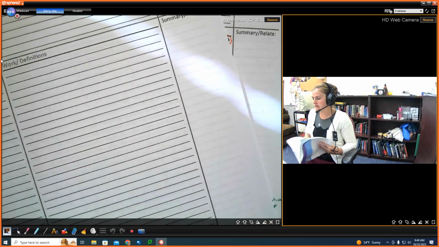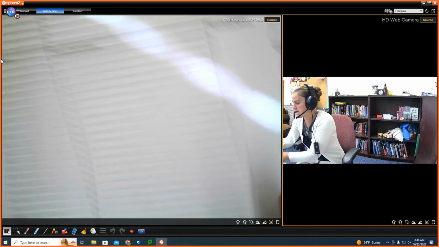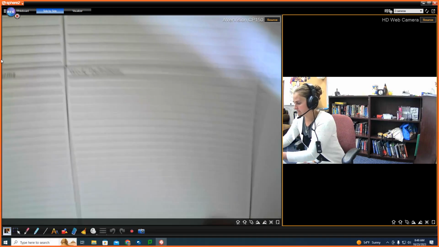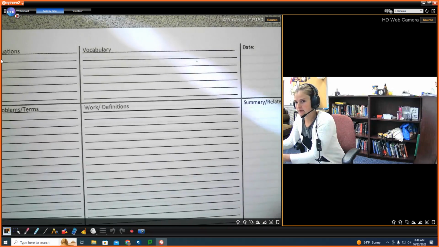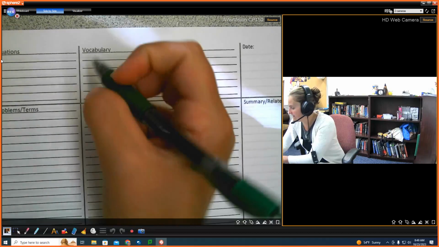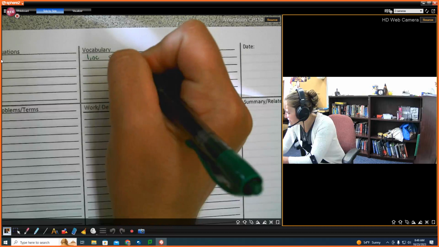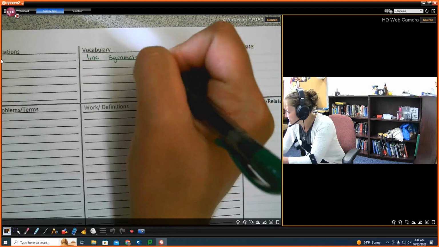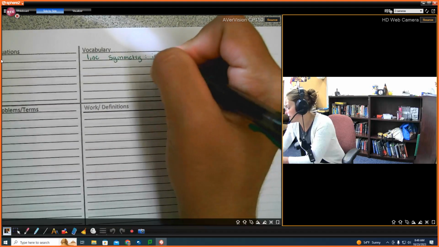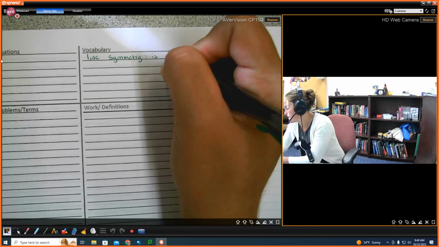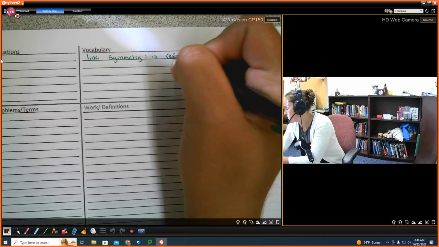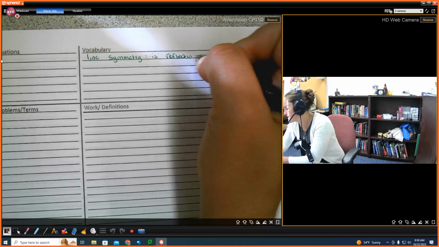Okay, let's write some vocabulary. Line symmetry is reflectional symmetry over an axis of symmetry.